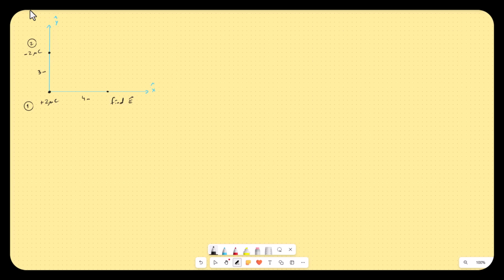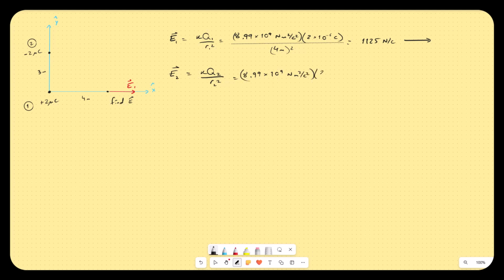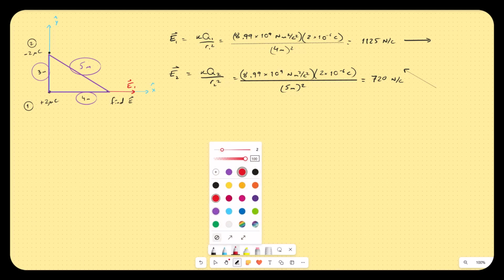I'm going to find both of my electric field strengths first. And then I'm going to break these into components, or at least break E2 into components. Now it points up and to the left, and I can say right here I've got this right triangle, so let's use it.